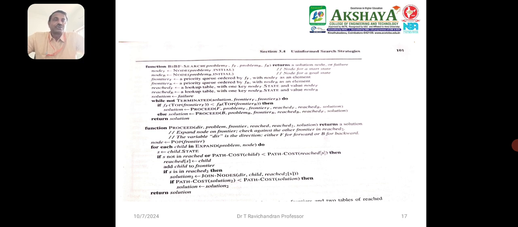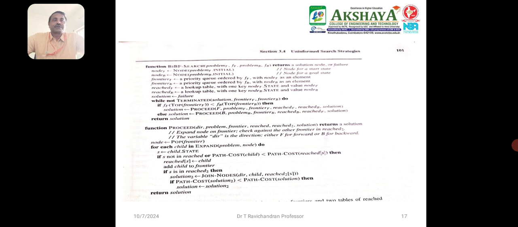When the frontiers' values are the same, the bidirectional search terminates. Simply, from the starting state toward the goal state and from the goal state toward the starting state, when the same value comes up in both searches, the algorithm is terminated.